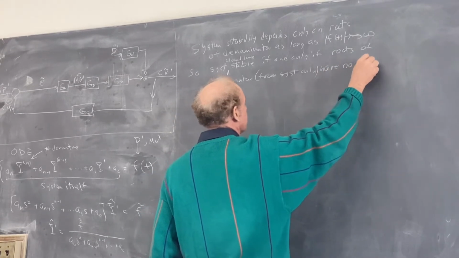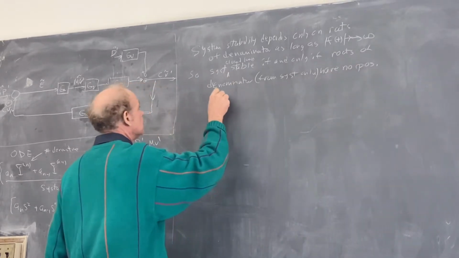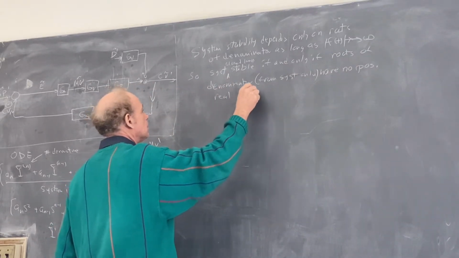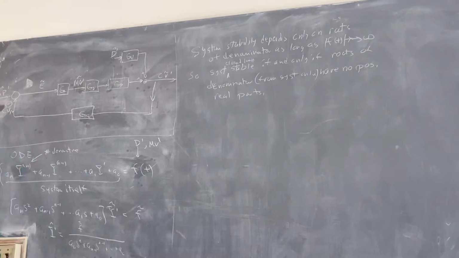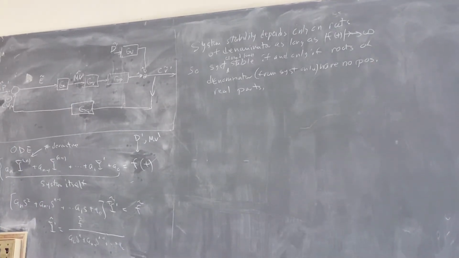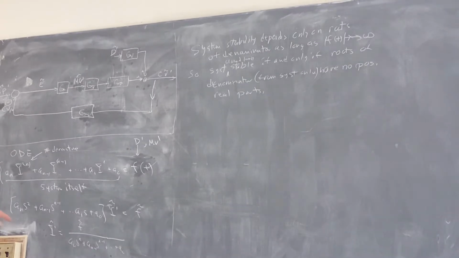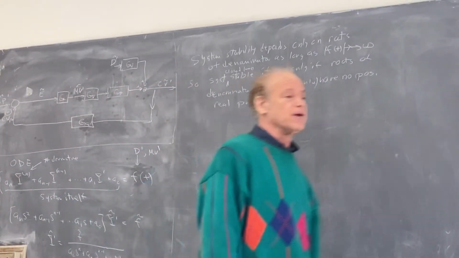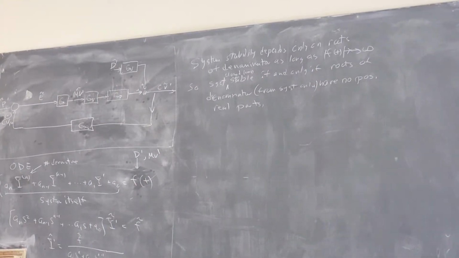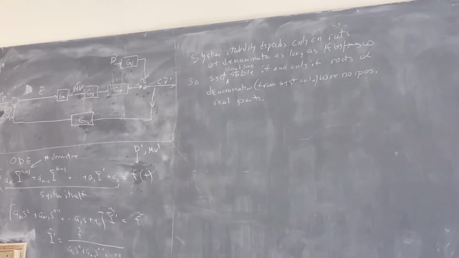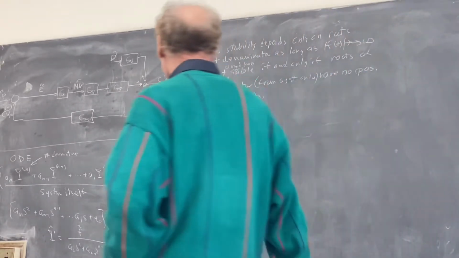No positive real parts. So the most direct way of looking at stability of the system is to look at the roots of the denominator in any given situation. Any questions on that?